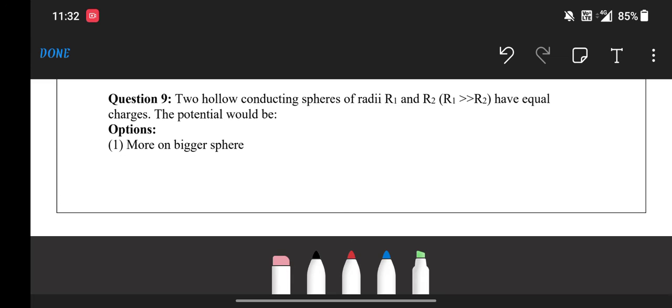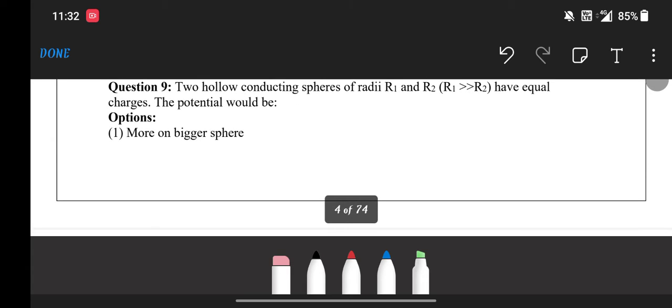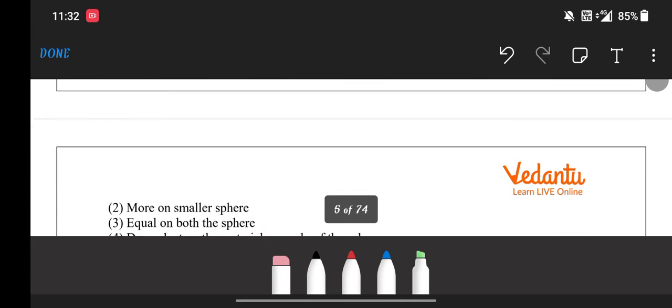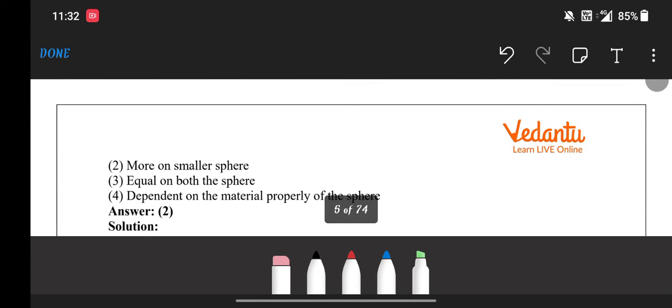What is the potential? The options are: more on the bigger sphere, more on the smaller sphere, equal on both spheres, or depends on the material property of the sphere.